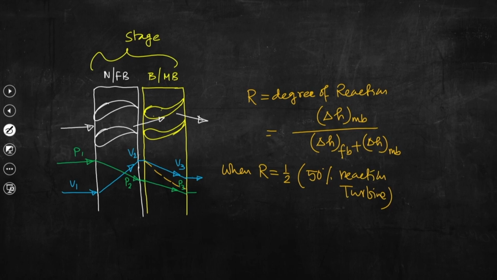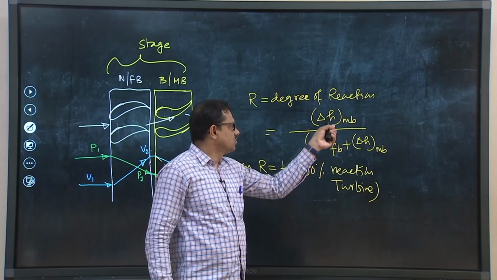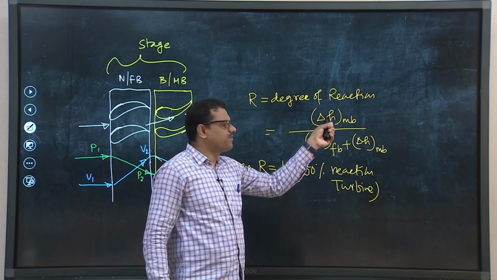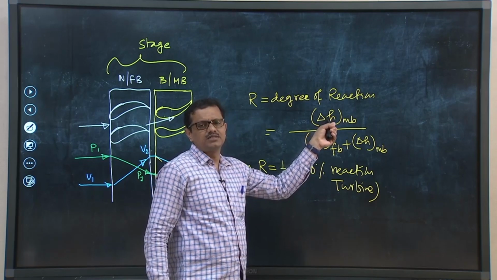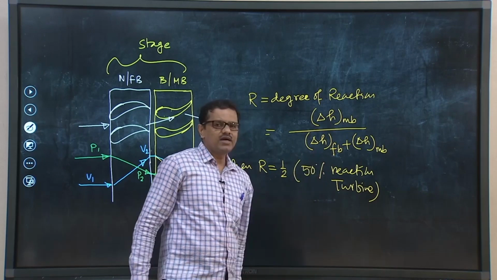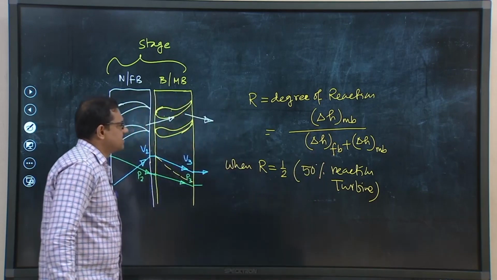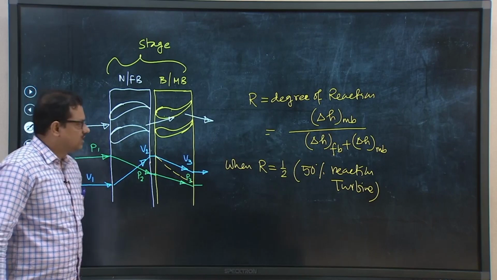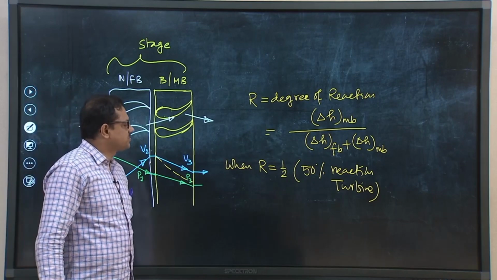It is obvious that when R equal to 0, then it is a purely impulsive turbine, so the enthalpy drop of steam inside the moving blade is 0.